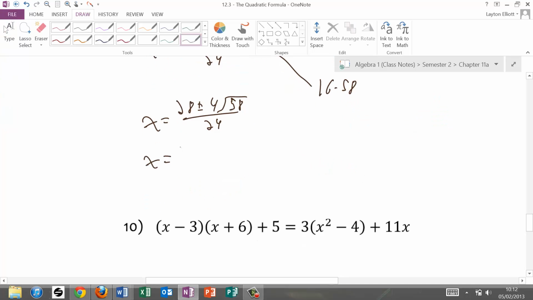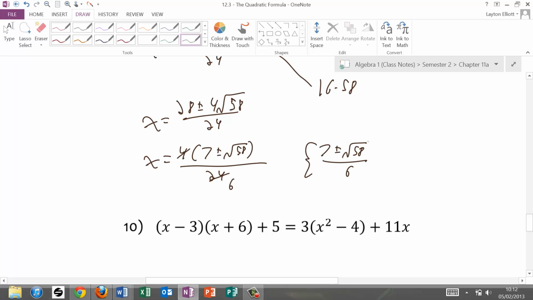And in the numerator I can take out a 4, giving me 7 plus or minus radical 58 over 24. That's a terrible radical. That's a better radical. And cancel the 4 and the 24 to get 6. So then my final is 7 plus or minus radical 58 all over 6.